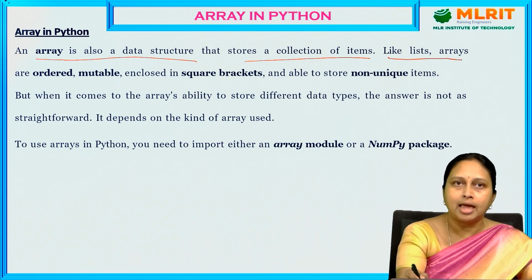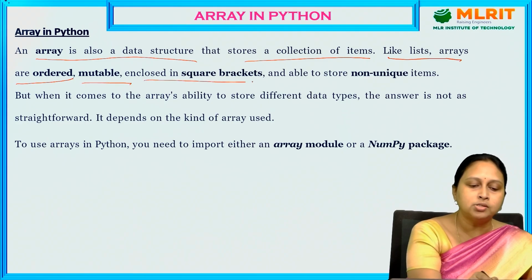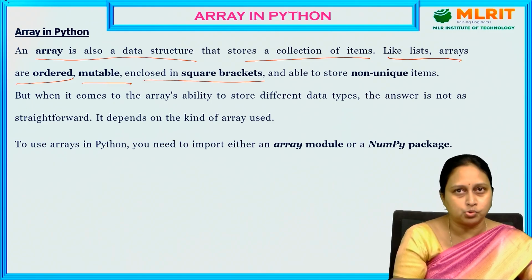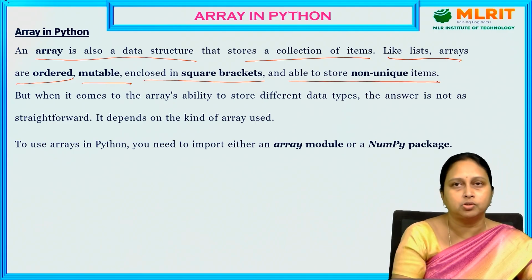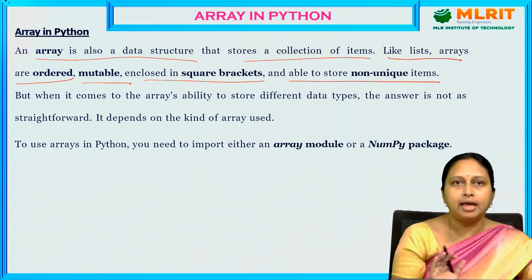Like a list, an array is also ordered, mutable, and enclosed in square braces. Similarly, like the list, we are going to use the same properties in arrays also. But what is the difference we are going to have? An array can also store non-unique items, so duplications can be done in arrays.